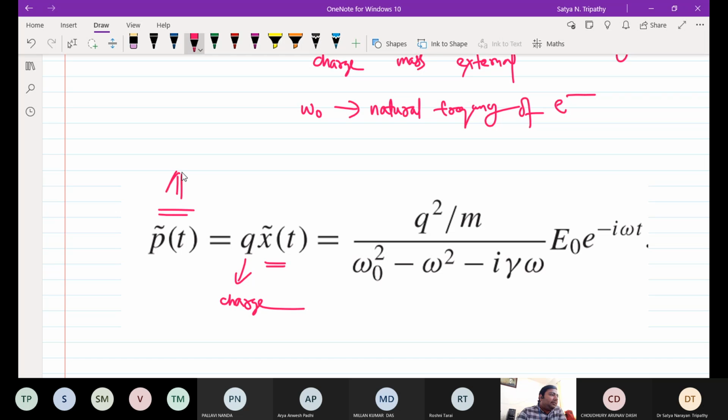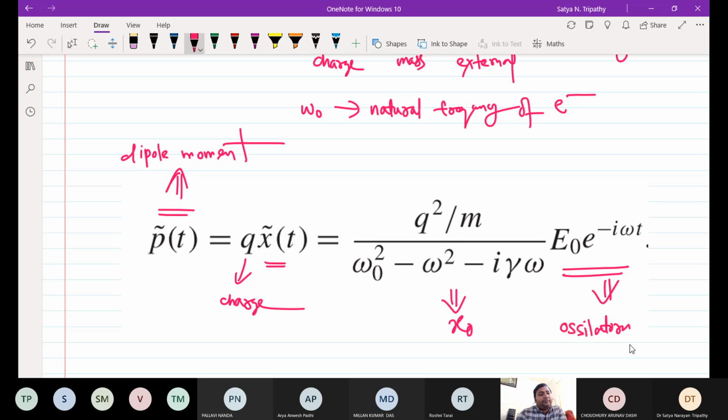We are going to get the dipole moment. So now the electron has a dipole moment of this form. This is the total form. This is the x0 amplitude part, and this is the oscillatory part. Is it clear? Yes, sir.